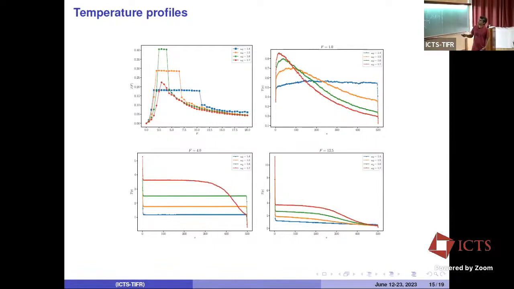This is a small force, F equal to 1, and you get these smooth temperature profiles. At F equal to 4, somewhere deep in this plateau, you find these very flat temperature profiles, because temperature here basically means periodic oscillations. Each particle is just oscillating periodically, with just some phase difference. So you find a completely flat temperature profile.